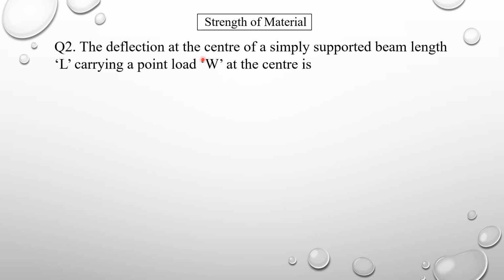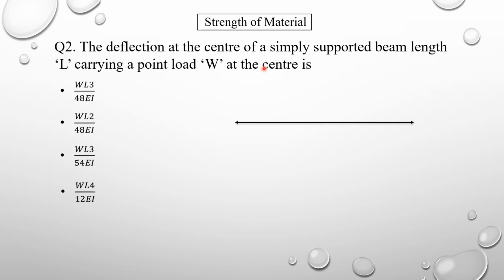The condition is given and they ask the deflection related to this condition. These are the options given. To find out the deflection of any beam, first we need to know the bending moment and slope related to that beam.